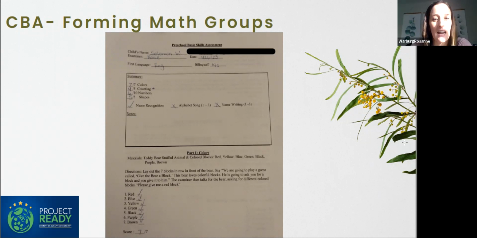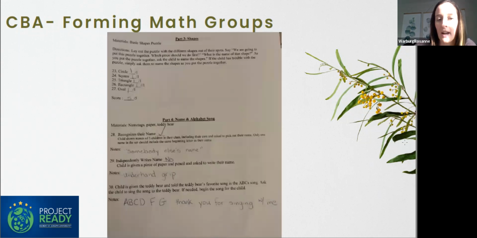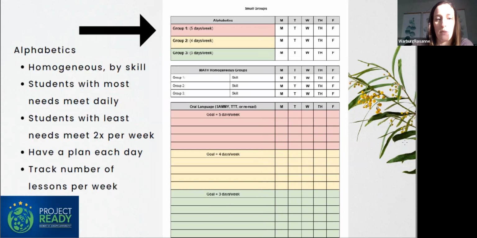He could not sing the alphabet song, and he could not write his name. So we can take that information, and here's the rest of it. You can see how we're very simply jotting down notes as we're doing that assessment. We can take that information and use it to help us with filling out this form and forming our small groups.